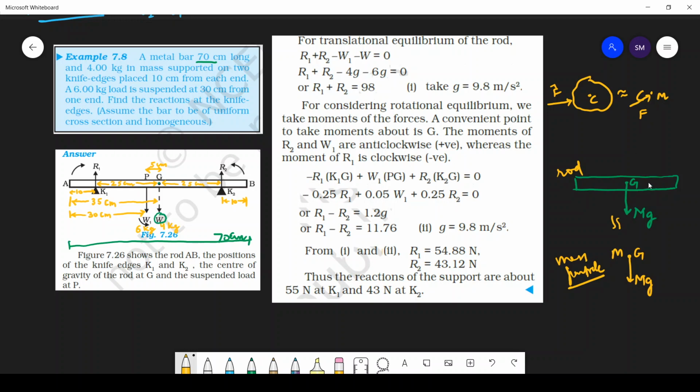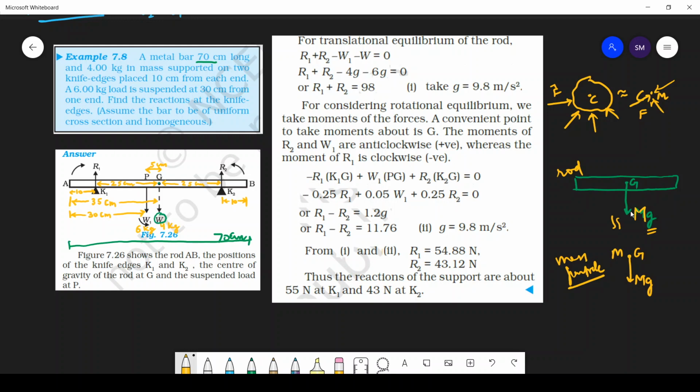So here also, center of gravity is a special case of center of mass. We are assuming only one force. For center of mass you were assuming force from any direction, but here we are assuming the force only in a downward direction, only the gravitational force.